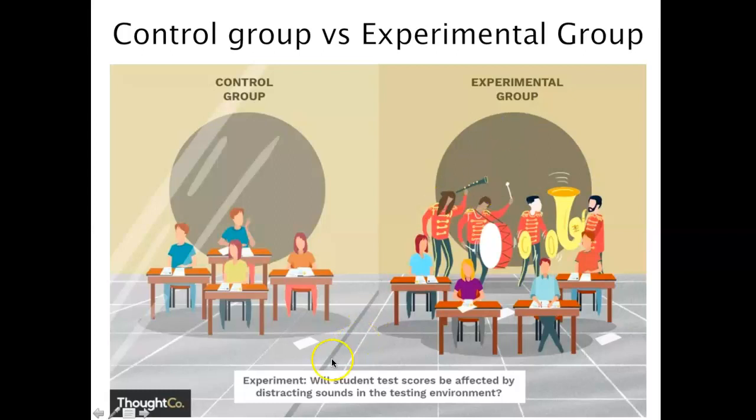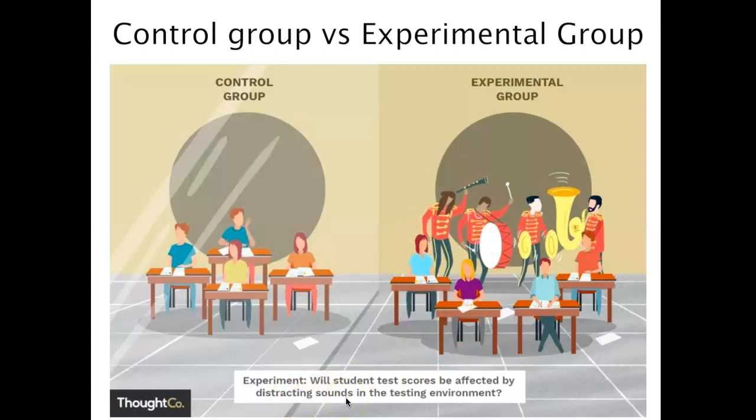So in this example, the experiment is, will student test scores be affected by distracting sounds in the testing environment, right? So what's your independent variable here? It's going to be your distracting sounds, right? So your control group is going to take the test under normal situations, which is quiet. And your experimental group is a set of students taking it with that distracting noise, the independent variable. So what's the dependent variable here?